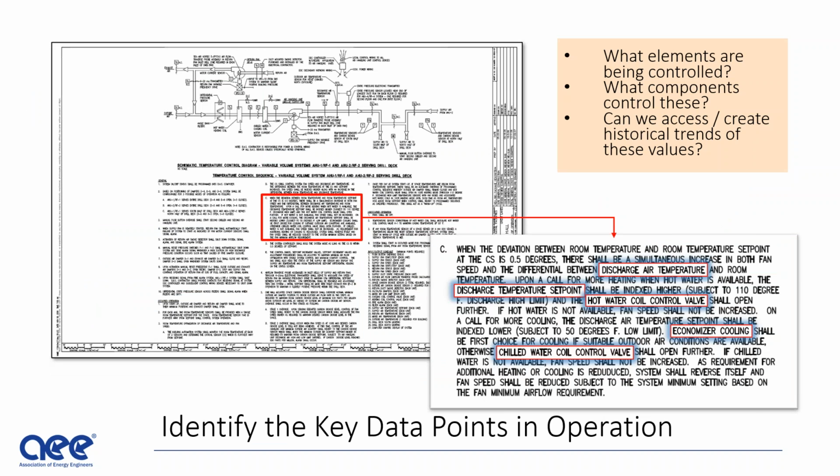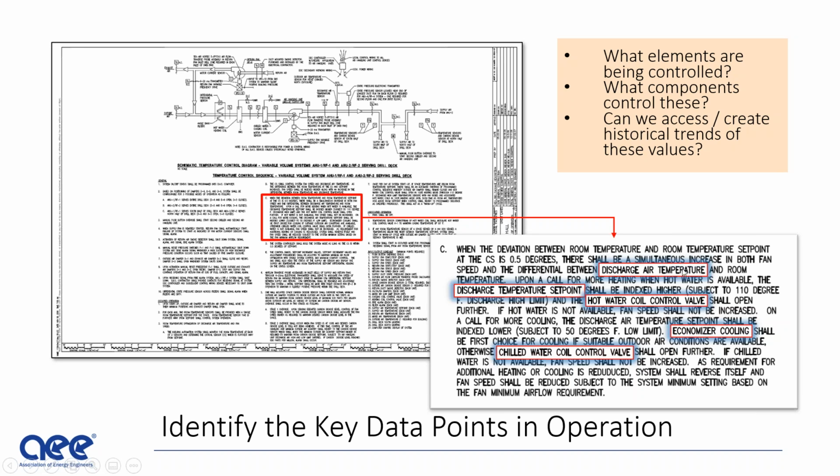Once you know what you have to work with, you start to assess or determine what variables you want to review, what data you want to look at, and how to formulate that into graphs and charts. What we tend to do is look at the sequence of operation.